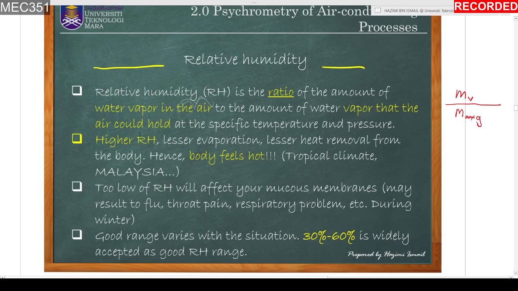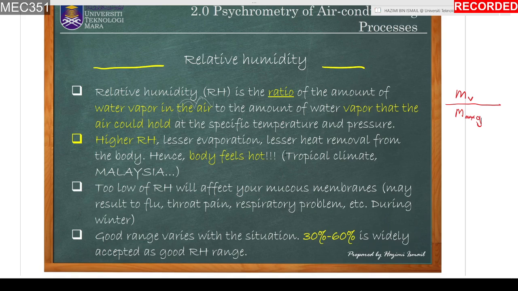So higher RH, relative humidity, means lesser evaporation, lesser heat removal from the body. Hence, the body will feel hot. Tak selesa. Ini apa yang kita alami, all the Malaysians are facing right now. We have very high humidity.